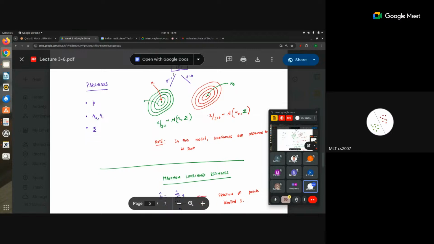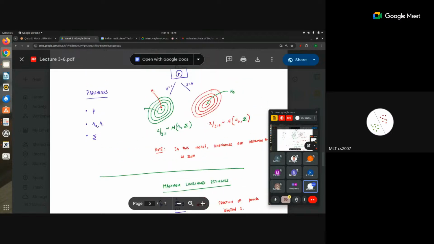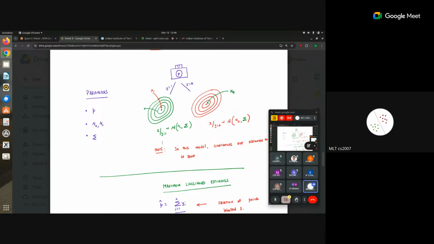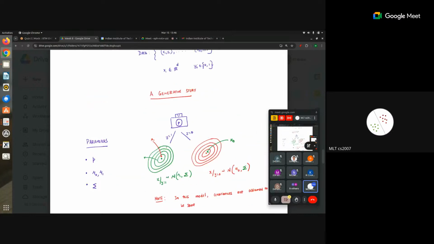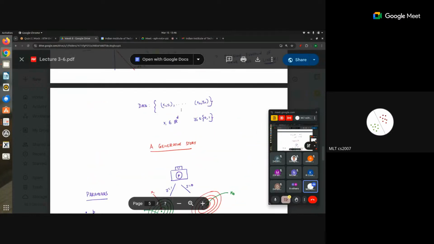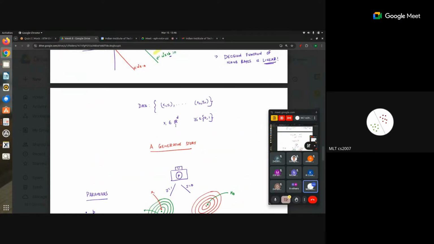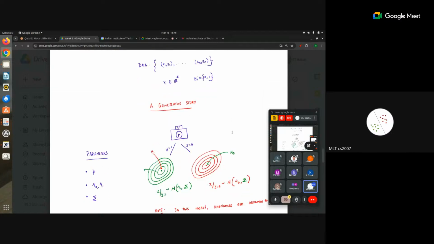So how many parameters will there be in this case? Let's say you have 10 features. How many features are there here? X1 to xn, which is d, and y0.